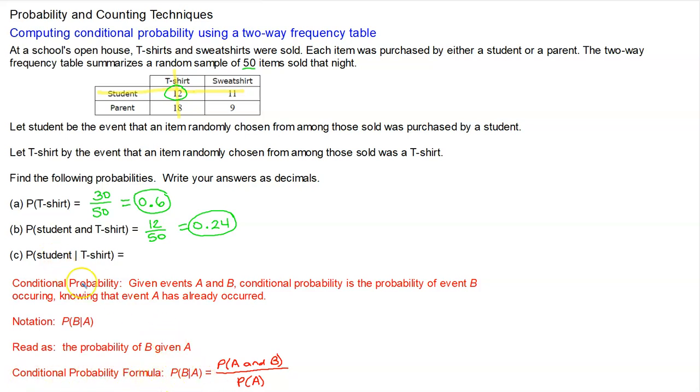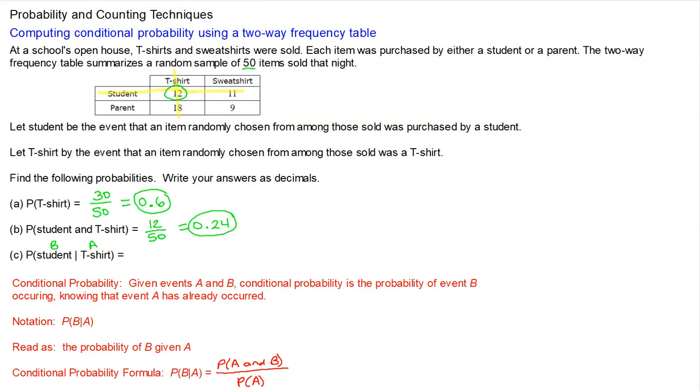So if we match this formula up to the setup on part C, this is kind of what they're calling the B, and this is what they're calling the A. So the way we set up our formula is we need the probability of A and B. So what is the probability of t-shirt and student?